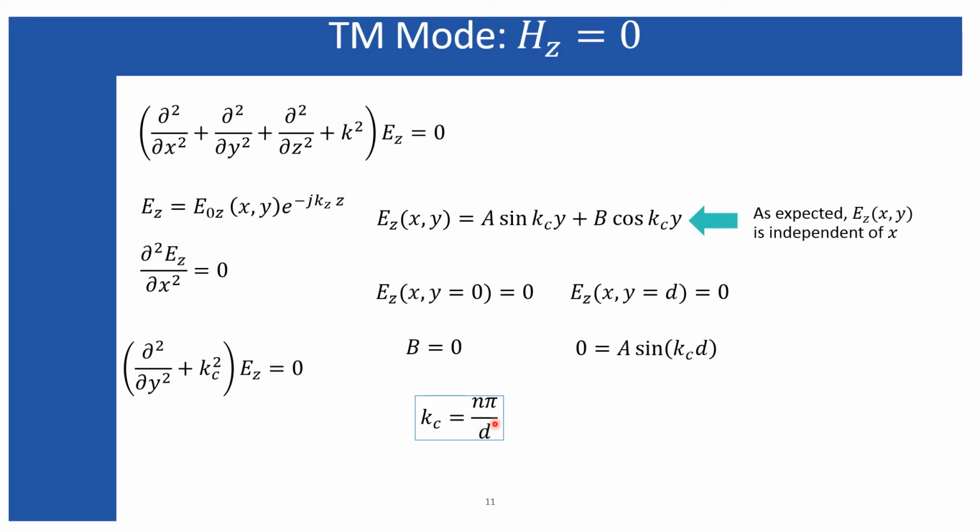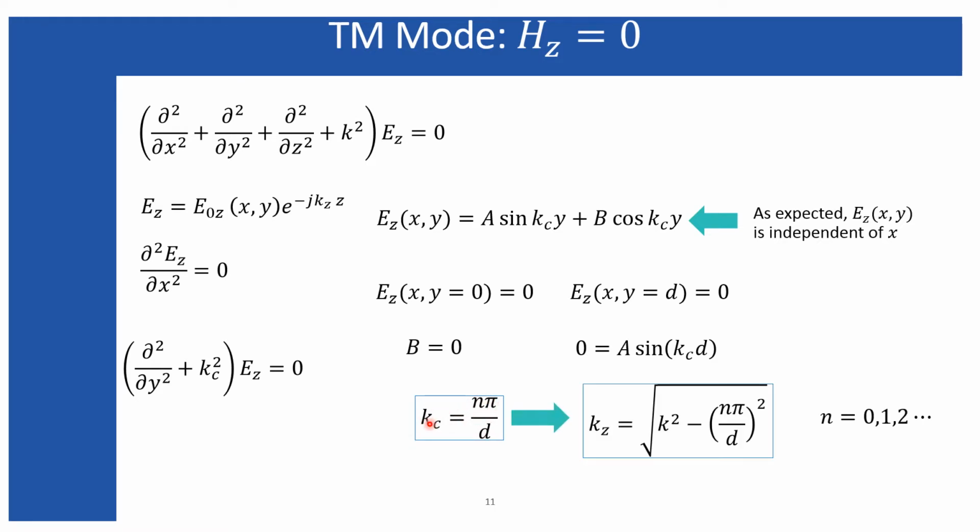Once you know the separation between these two plates along the y direction, that defines your cutoff wave number, and from there you can easily find the wave number with which the wave should propagate through the waveguide. That means the kz you can easily find from this expression where k defines the total wave number of the material filling this waveguide. So we can see there are lots of solutions for n equals 0, 1, 2 and so on.